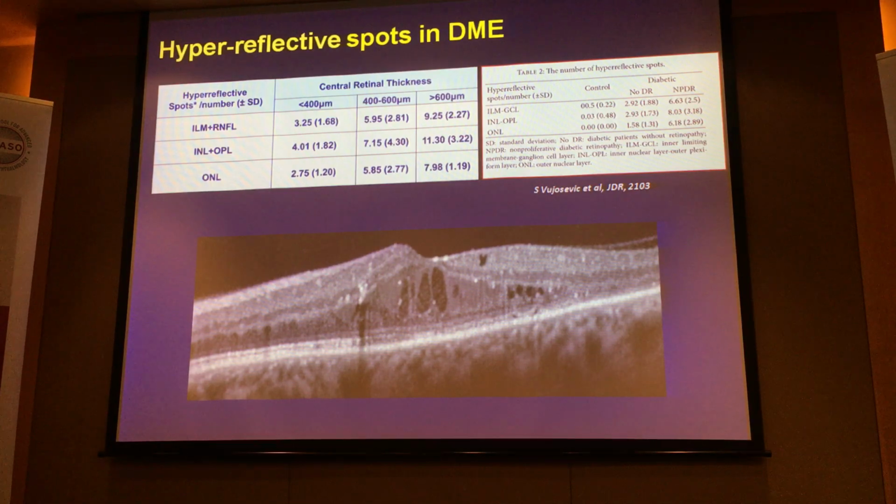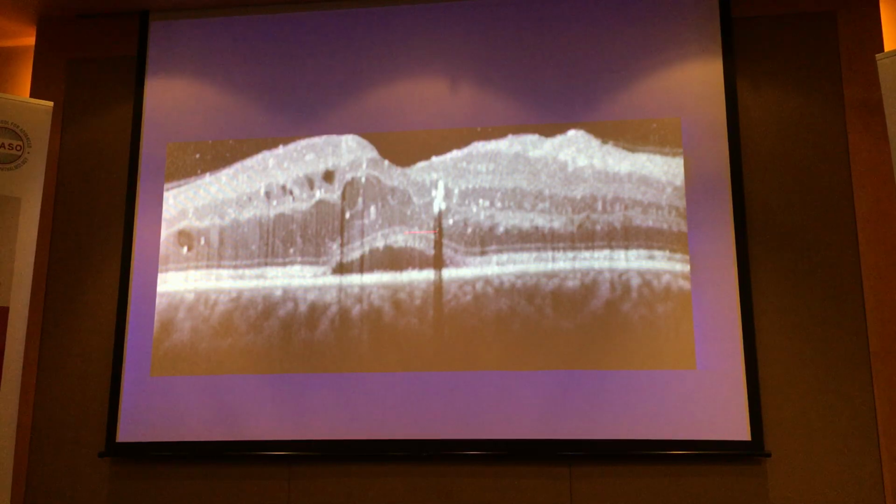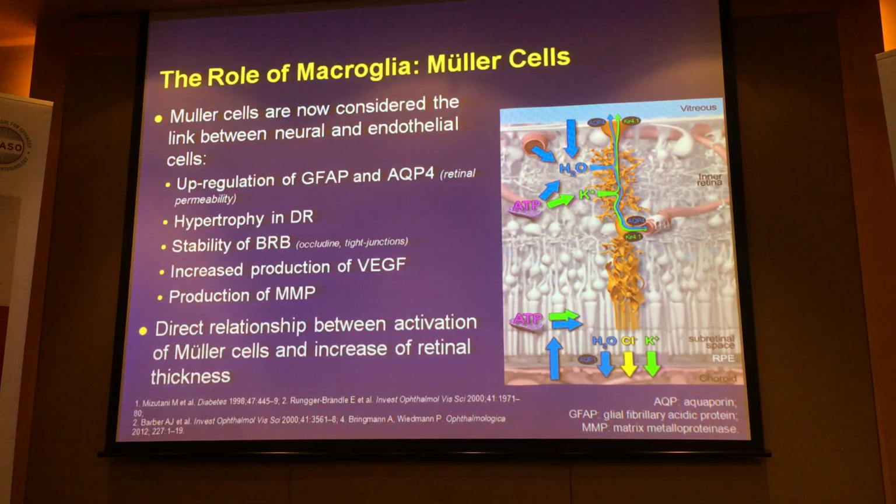Right? No need to count. I'll tell you that there is a direct correlation. This is an example. All these little bright specks in the middle and inner layers of the retina. You see all these? These are hyperreflective spots. And as you treat with whatever, anti-VEGF will also reduce the hyperreflective dots. If you use steroids, these hyperreflective dots will also reduce and finally resolve.